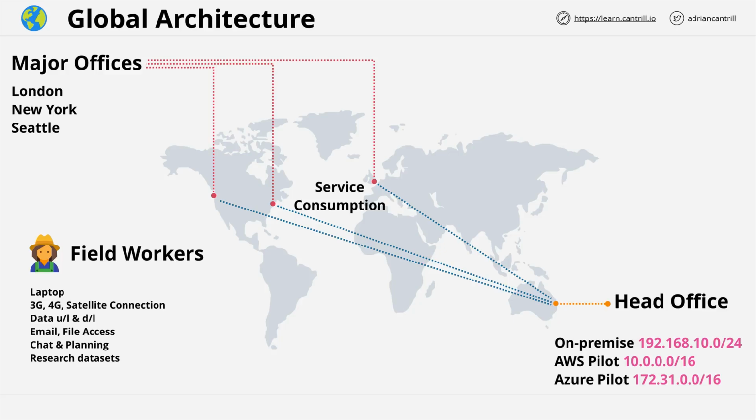They carry various bits of equipment, including a rugged laptop with 3G, 4G, or satellite connectivity. They need to upload and download data which ranges in size and complexity. It might be email and file access, it could be chat and planning software, or even large research datasets.